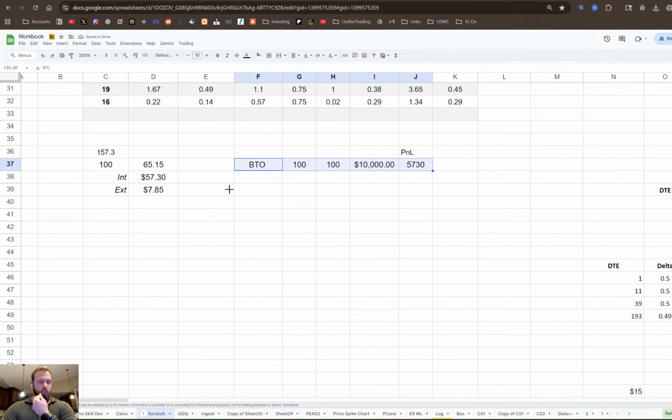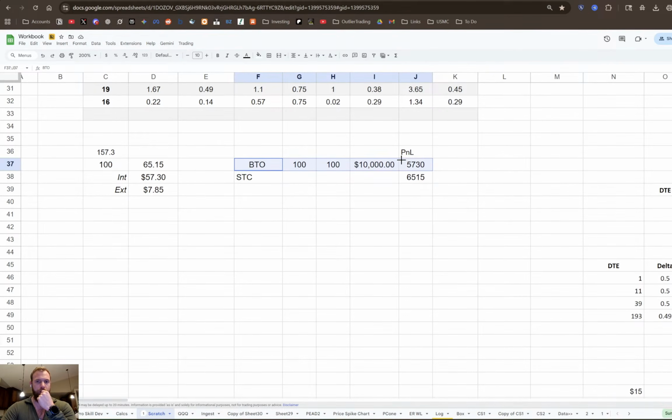Let's take a look at what happens if instead you sell your option. Again, depending on whatever you bought your option for, the P&L we don't know yet. But if you sell to close your option, you're getting 65.15. Notice the difference in the P&L here. If I literally sell to close my option, I'm getting 65.15.